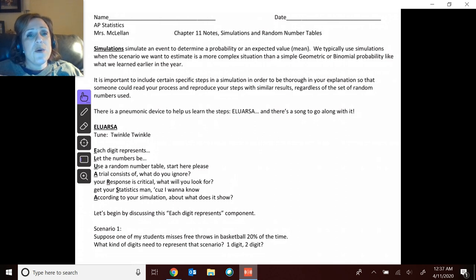Okay, so it is important when we do a simulation that we identify certain criteria that we have to cover and certain steps. And that is important so that all of those are there. The idea is somebody should be able to follow your steps exactly and reproduce similar results given another set of randomly generated numbers.